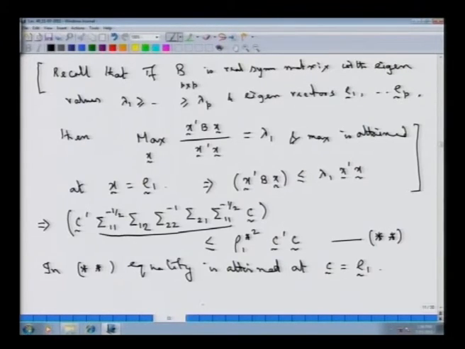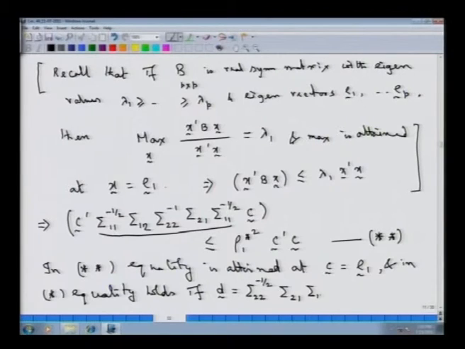So, we will put in that condition also, and in the single star equation equality holds if we have d equal to sigma 22 to the power minus half, sigma 21, sigma 11 to the power minus half times E1.